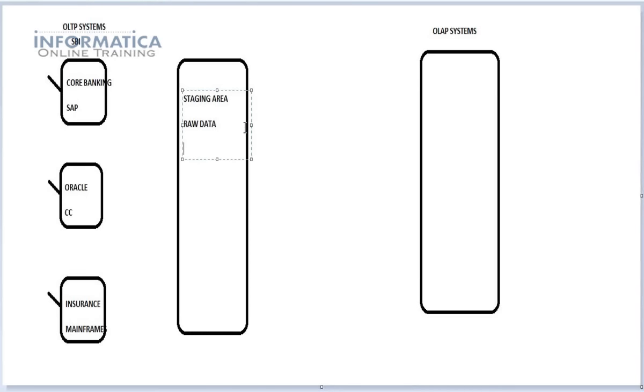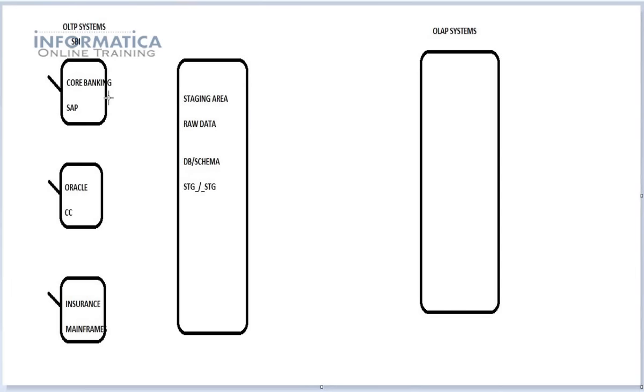It could be a separate database in a database instance, or it could be a schema in a database. How do you identify whether a table is a staging table or not? The tables are prefixed or suffixed with underscore stg.